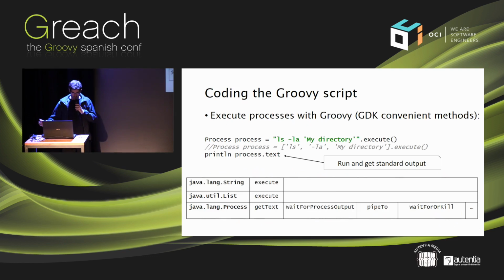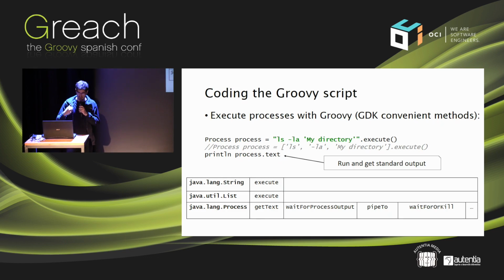In Groovy, in order to execute a program, we just have to write this command line in a string or in a list, and call the execute method, which is provided by the GDK, the Groovy Development Kit extensions.